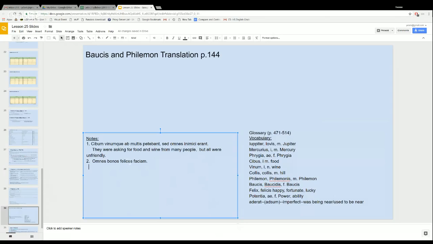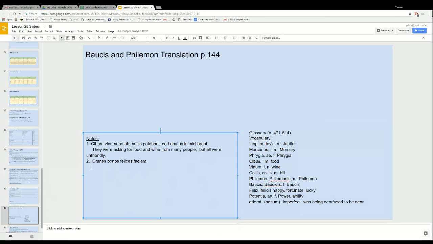Omnes bonos felices faciam. Okay, where is our subject? Omnes. It could be. Let's go over to your verb and let's see if Miss Ella is correct. Can anybody spot the verb here? Faciam. Okay, so if faciam is your verb, does it match up with omnes?